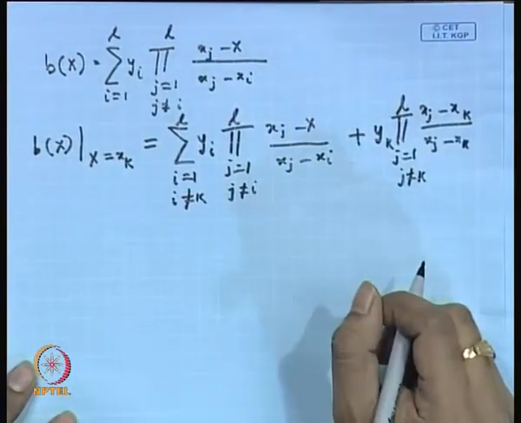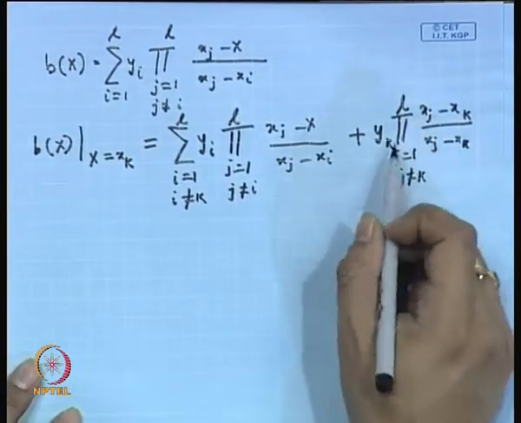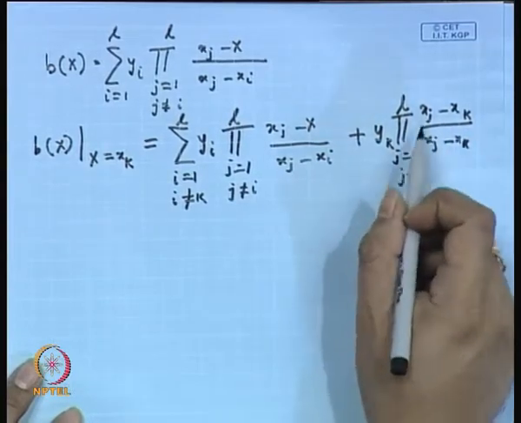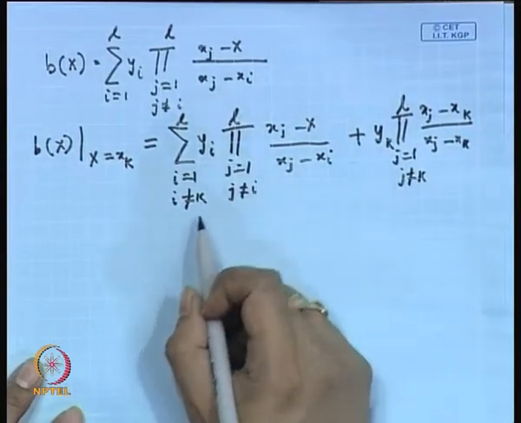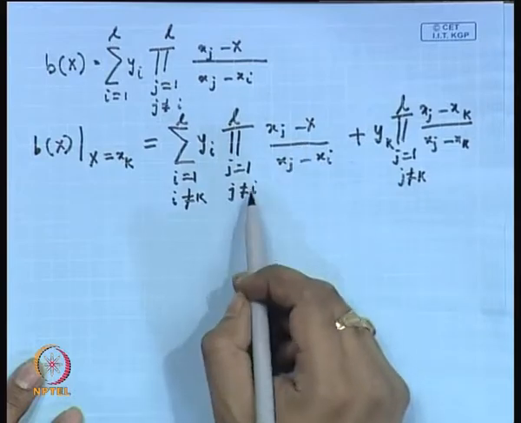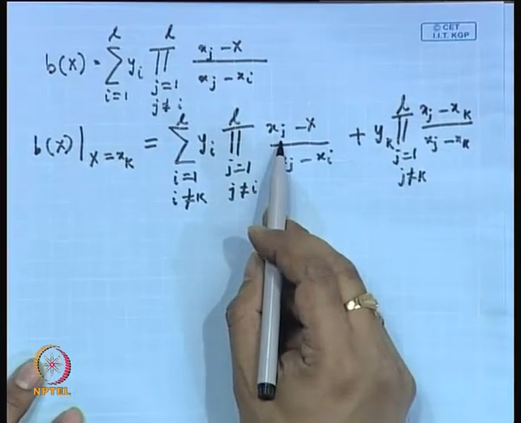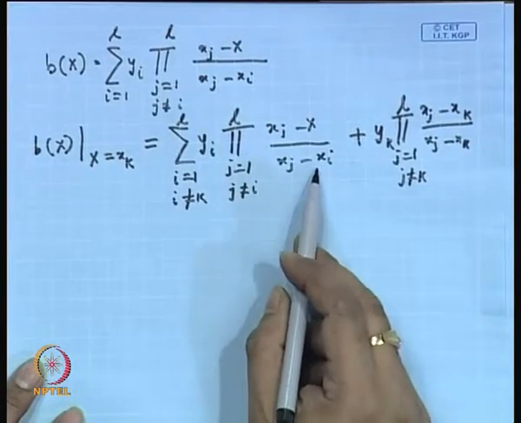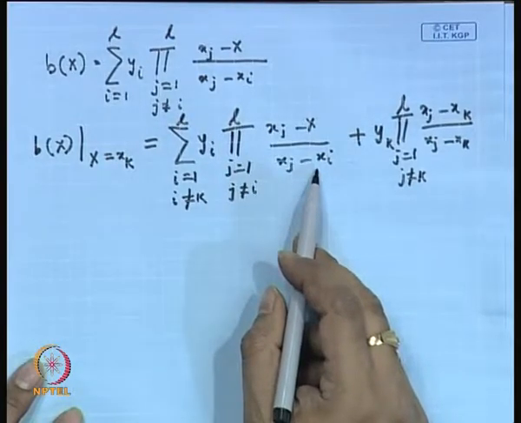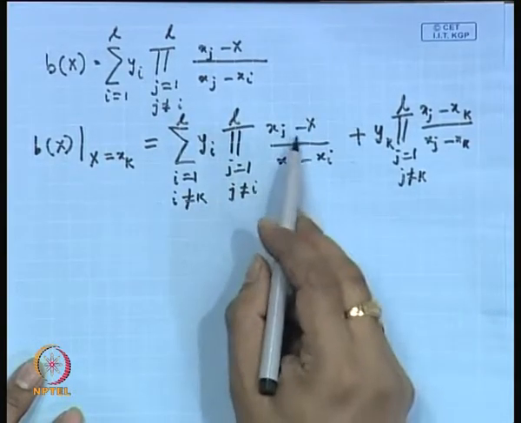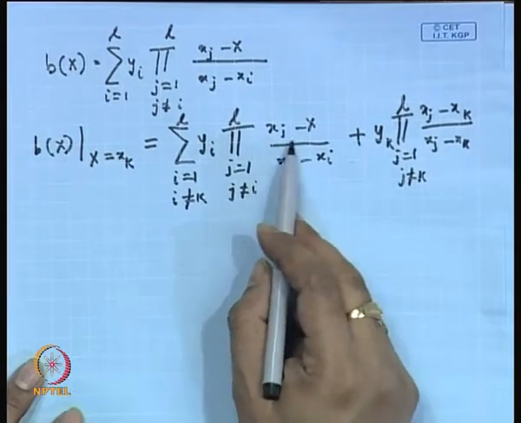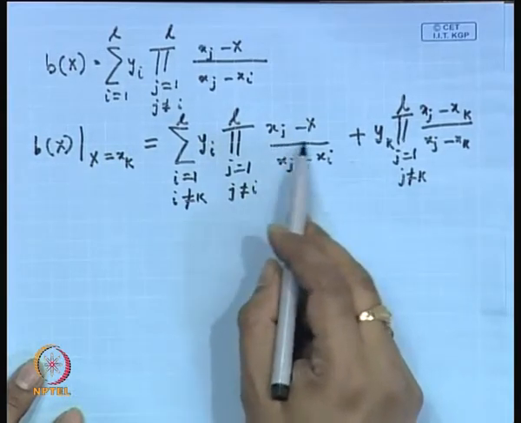Is it correct? So you see that for all these terms this is 1, and for the other terms, one of the factors will have x_j equal to x_k, which means the product will go to 0, because there will be one such case where x_j minus x_j occurs.